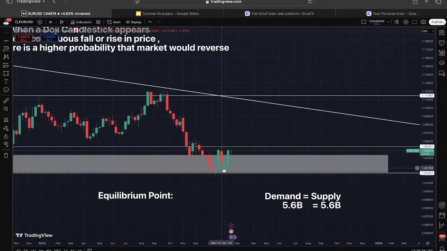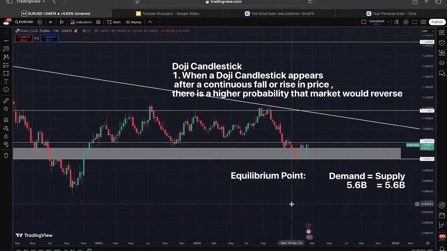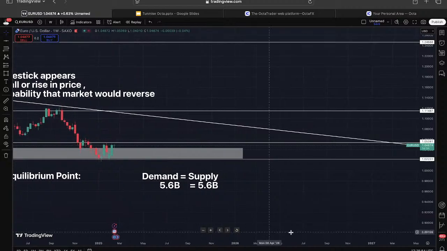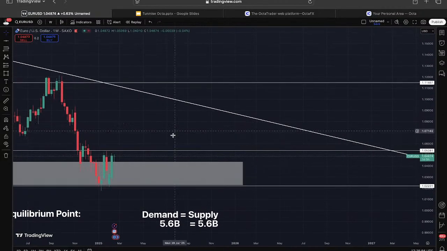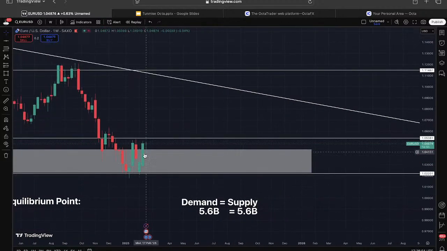So at this point here, we can see that the buy momentum is building up at this level.